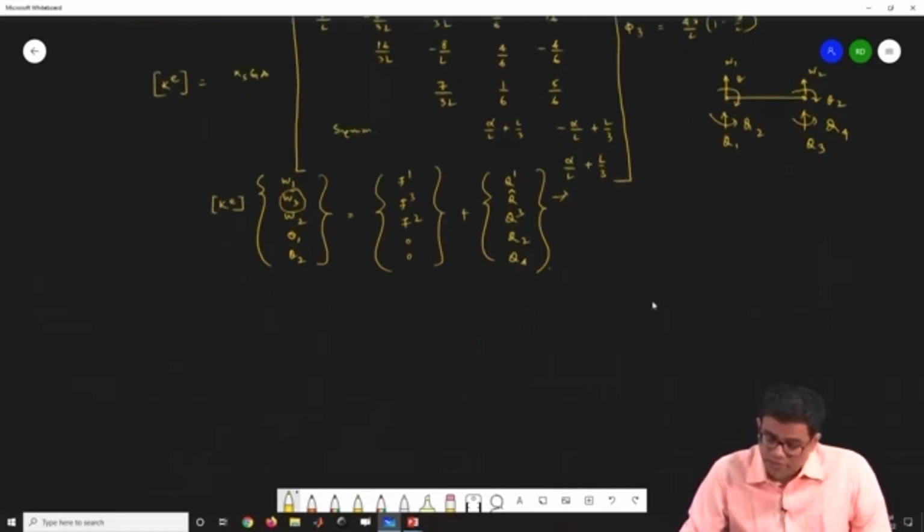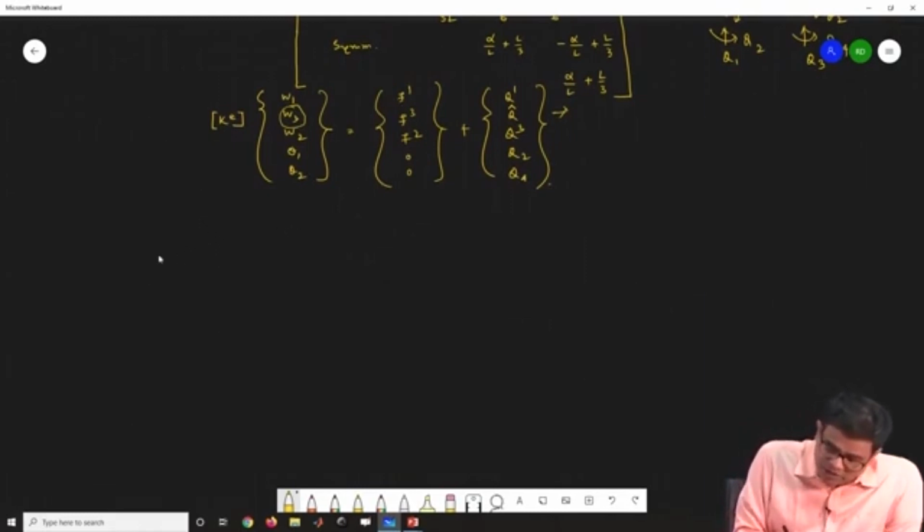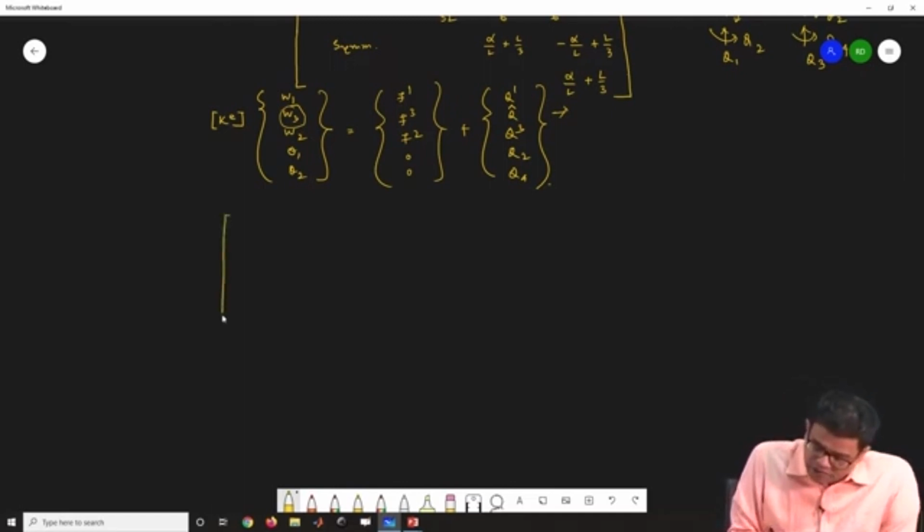If I follow this elimination procedure, then my final matrix equation looks like this. I think I have not done this in the last class. This final elimination will look like this, that is KSGA. You can just do it by hand itself.